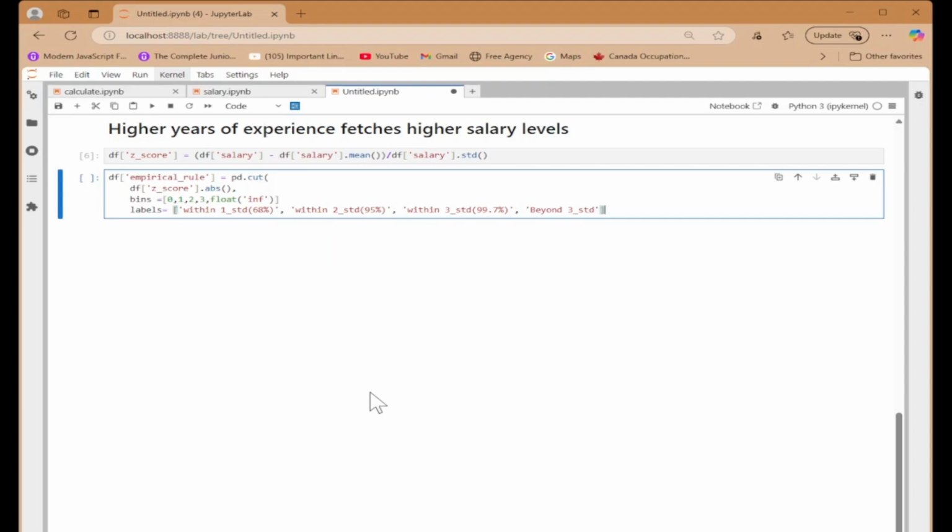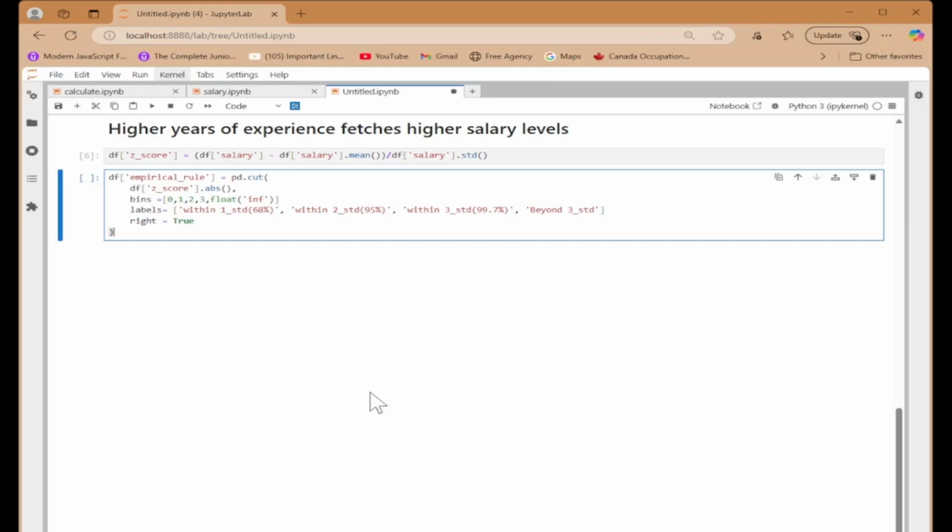Let's close that. Okay, so we have bins and labels. Now right equals true. All right, so let's close that function.